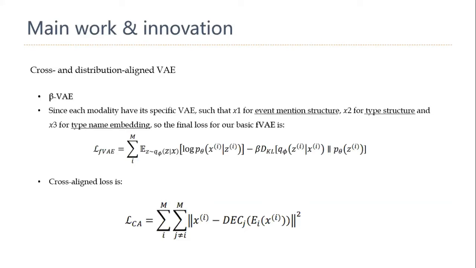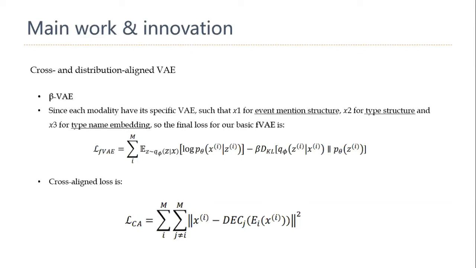Now, we introduce the constraint of cross-modal reconstructions for every modality-specific VAE, as depicted in the last picture, and each decoder should learn to reconstruct latent representations for the other m-1 modalities, which leads to our cross-aligned loss.